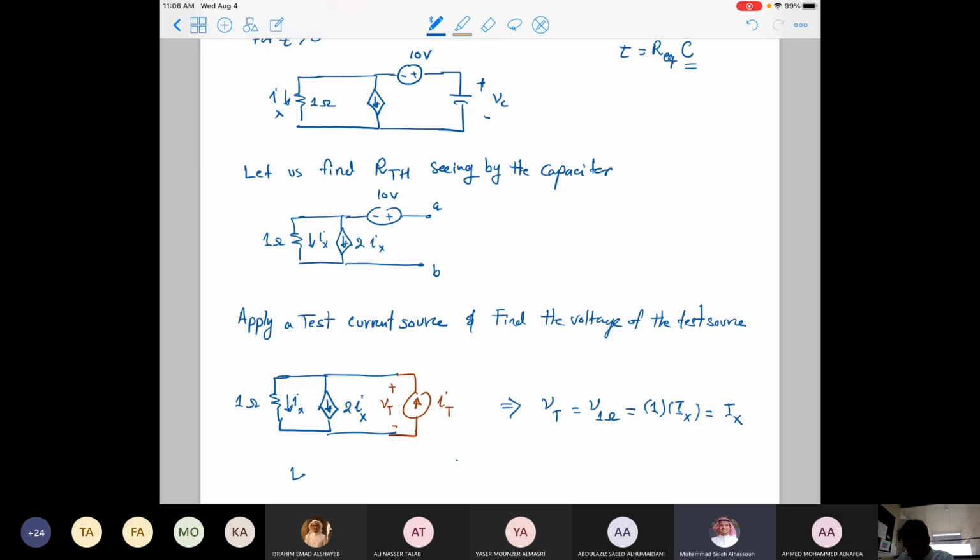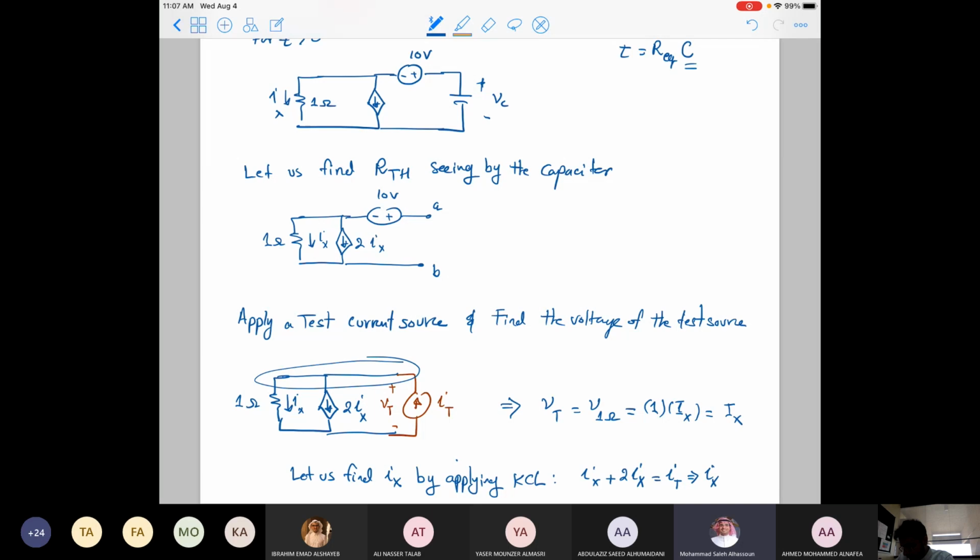So if we apply KCL at the upper node here, you can see that we have Ix plus 2Ix equals I of t, the test source.